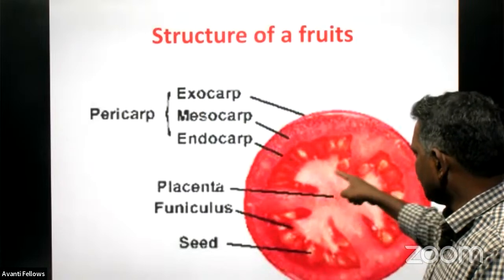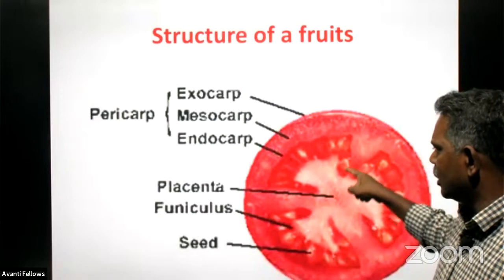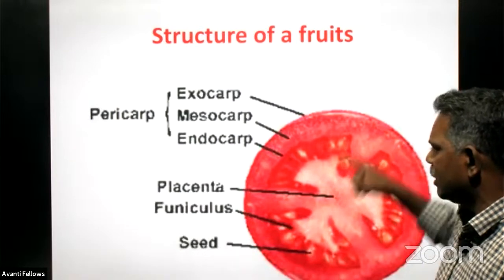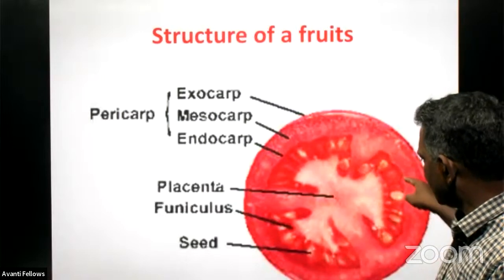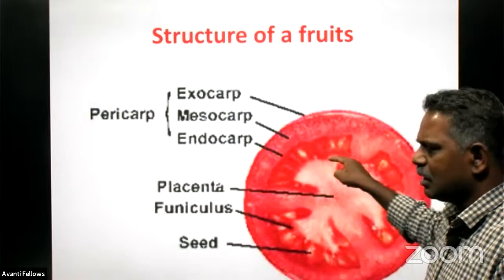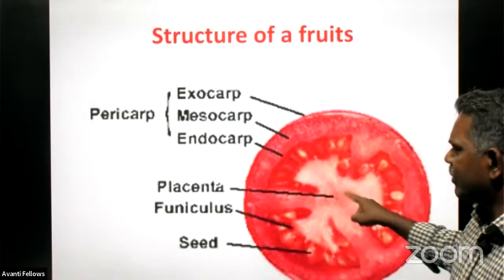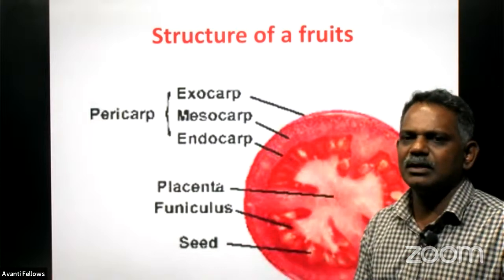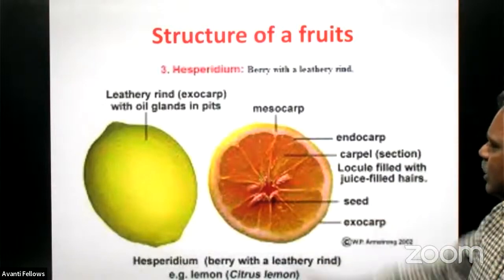And this is the placenta, and the placenta provides nutrients to the ovule for its development. The ovule is present in the locule, these red colored parts you can see here, called the compartment or the locule. Inside the locules, every ovule after fertilization develops to become a seed, right? Then another fruit, a lemon.